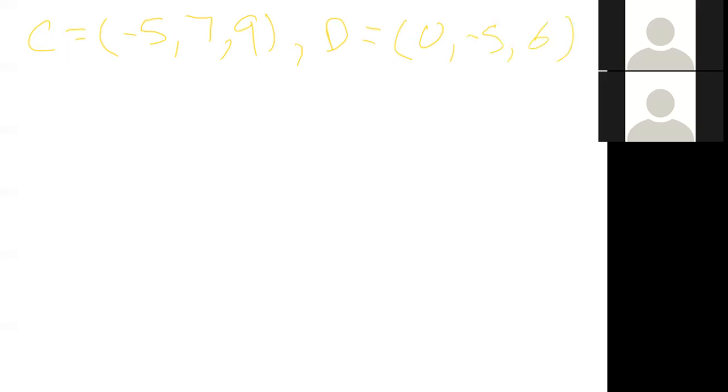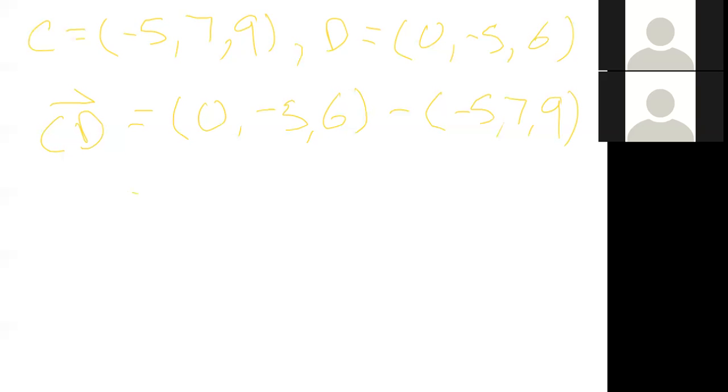So we're looking to find the vector CD. The way we do that is we do final minus initial. So we're going to take point D and subtract point C. To do this, you just subtract the like components.